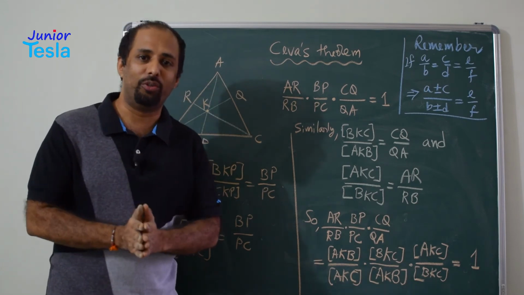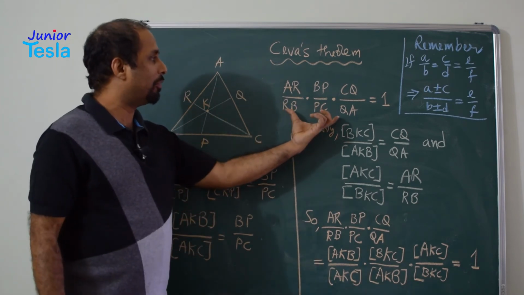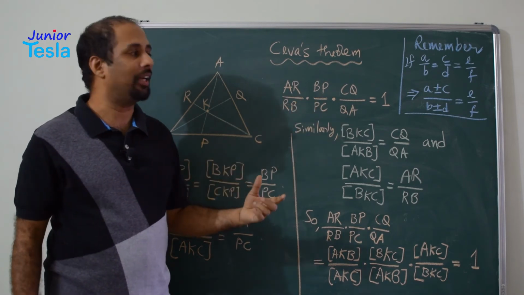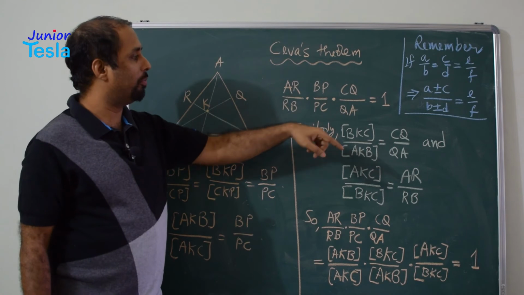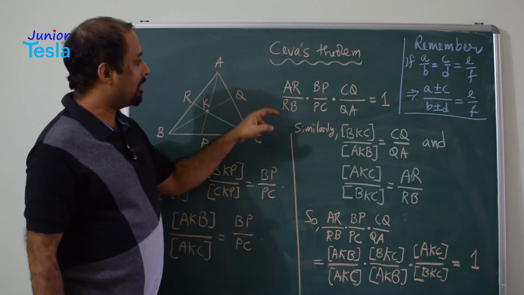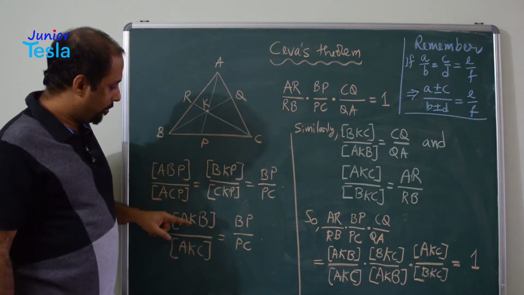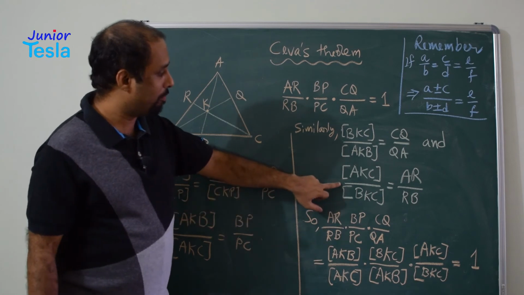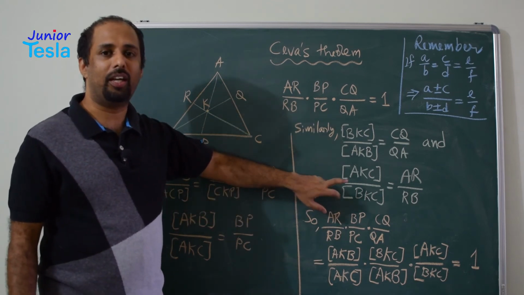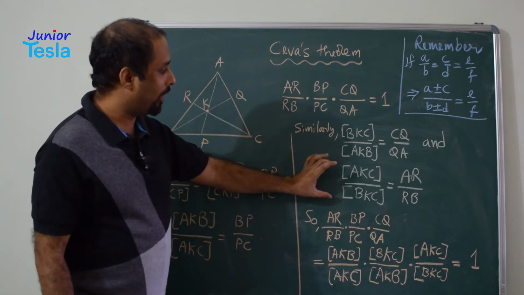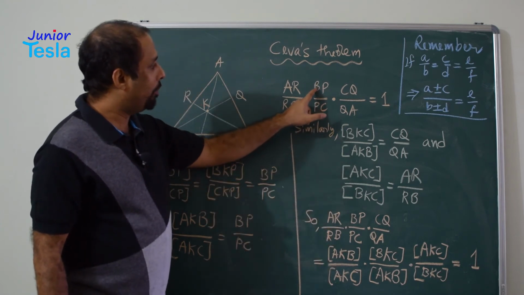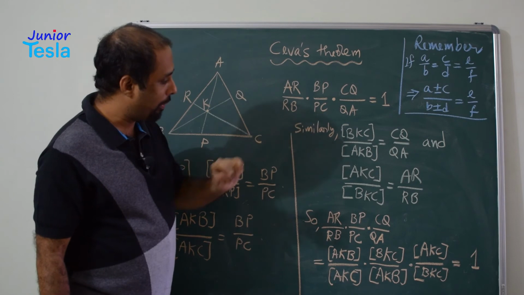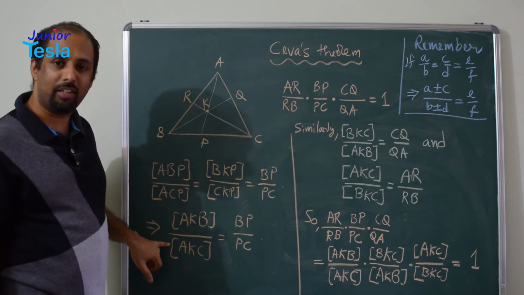Now what we are going to do is take the left hand side of the statement, that is AR by RB into BP by PC into CQ by QA. In the place of AR by RB, I am going to write this particular ratio of the areas. Then similarly, in the place of BP by PC, I am going to write this ratio.